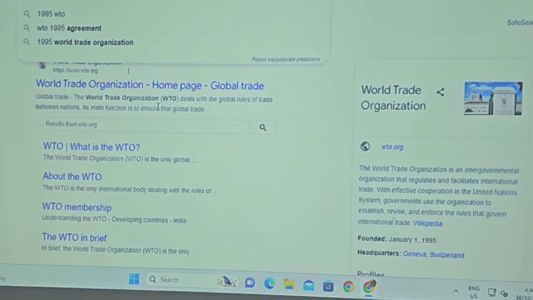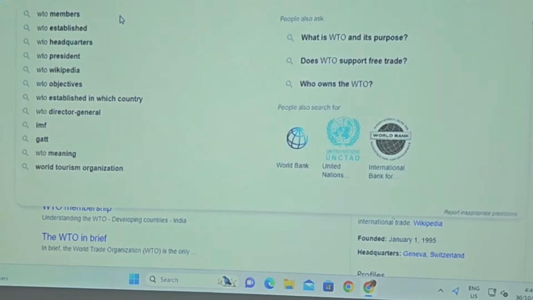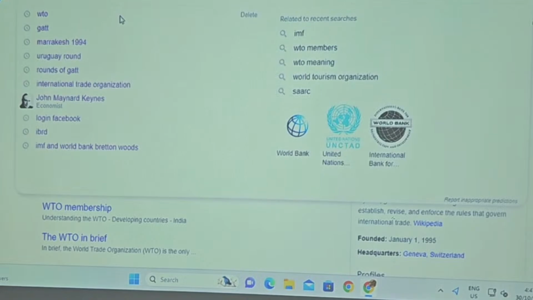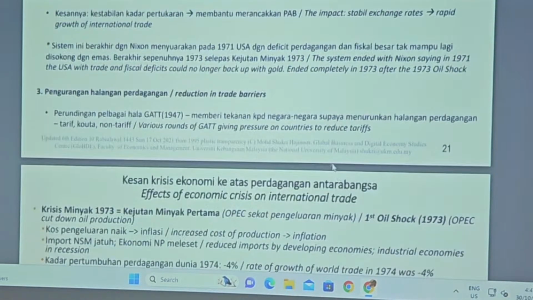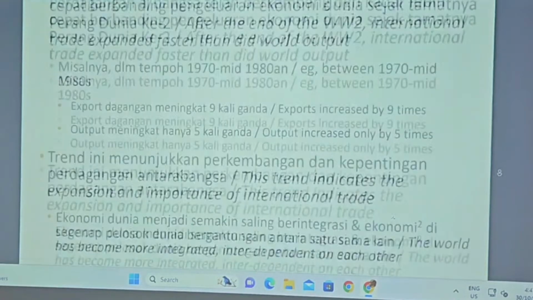What is WTO? World Trade Organization. So that was the history of GATT. GATT was important to reduce tariff. This is the trend.